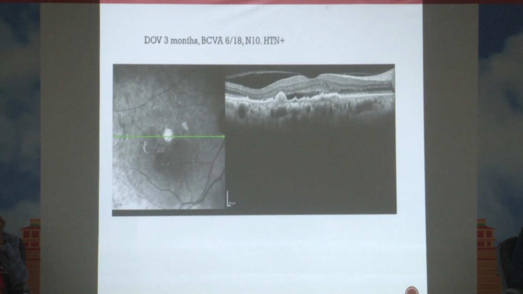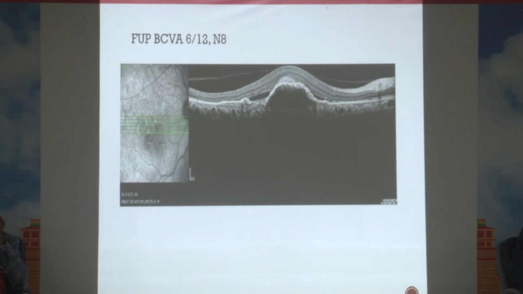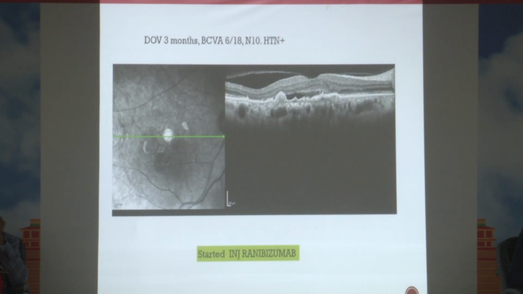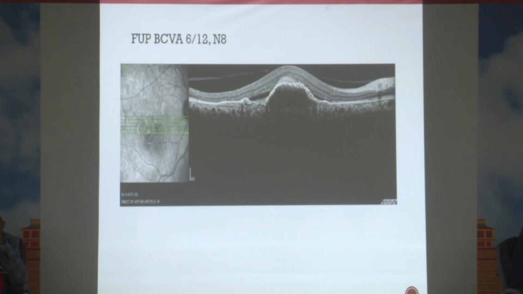Coming to the next case, this is another case of ARMD. The patient was treated with ranibizumab. After three ranibizumab injections, you can see the PED is increased with SRF.